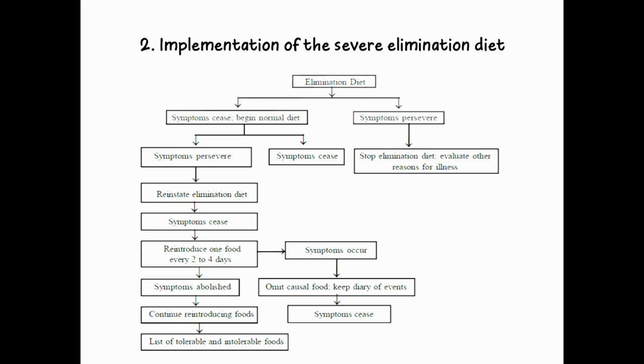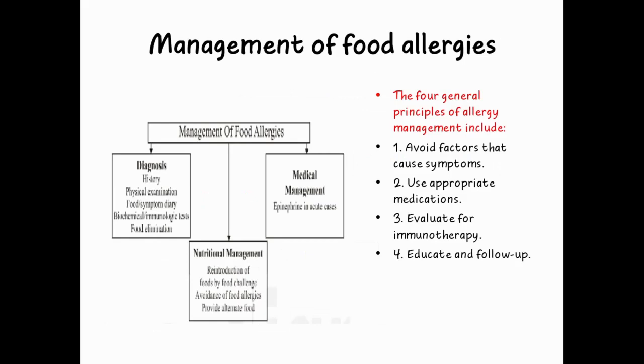Okay. So moving on to the management of food allergies. Management of food allergies includes three types. Diagnosis: we see the history, physical examination, food symptoms, biochemical immunological test, and food elimination.